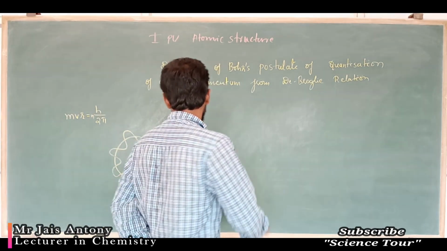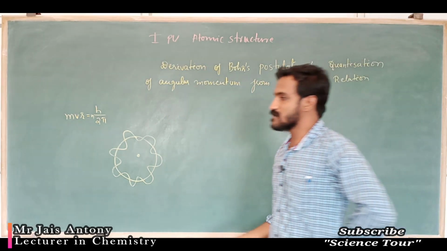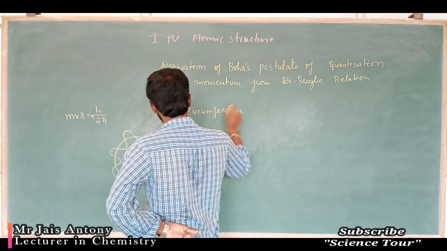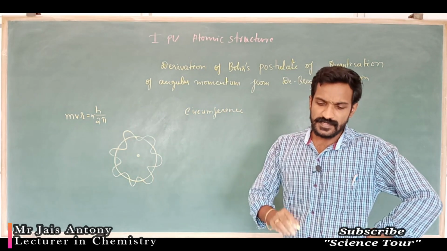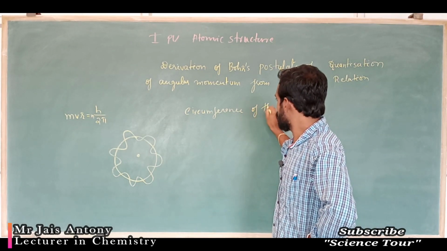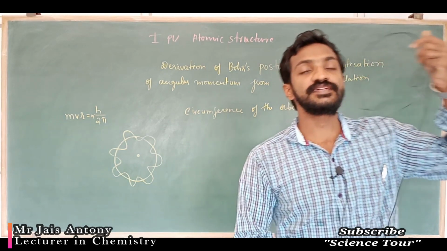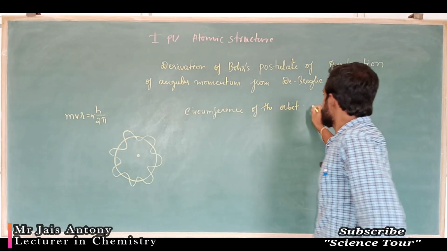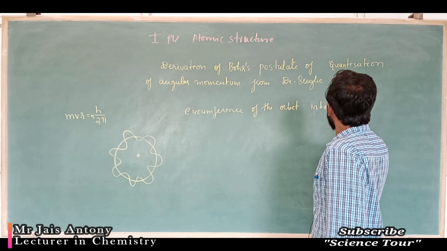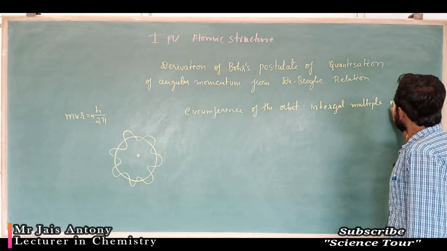So here one equation is given. That equation is nothing but: the circumference of the orbit is an integral multiple of its wavelength.